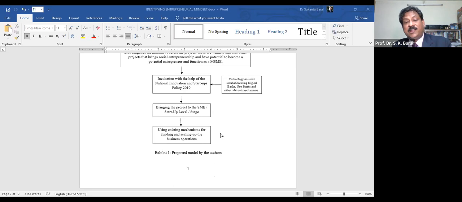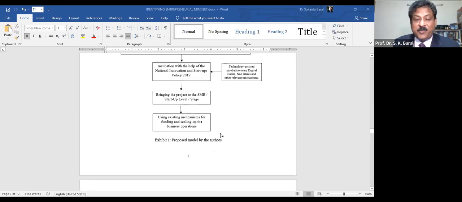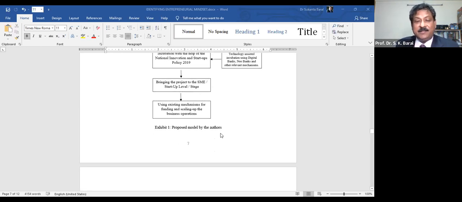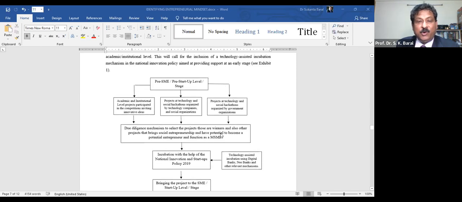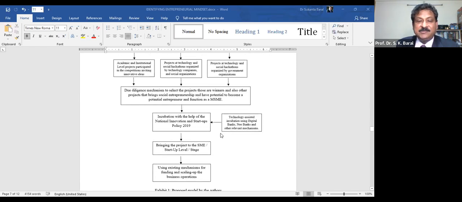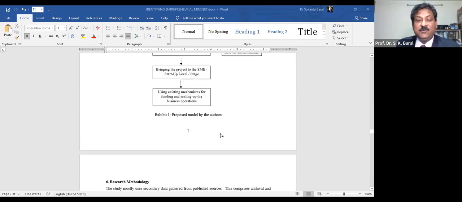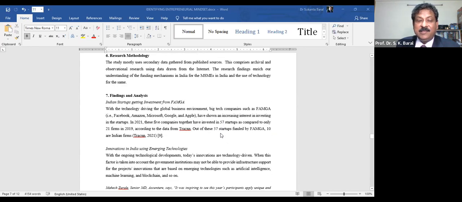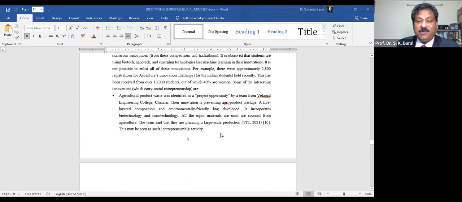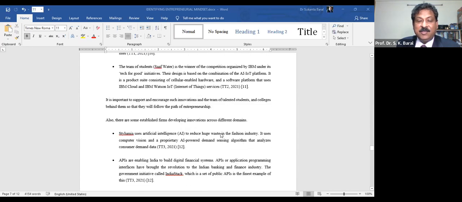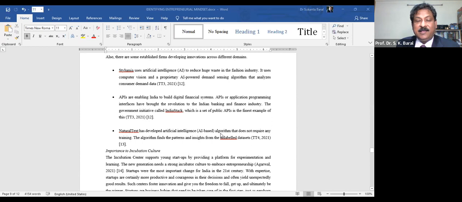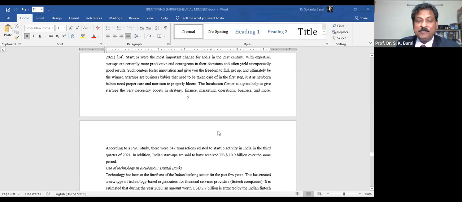This is a proposed model, and if this model is followed, so many entrepreneurs' flow of ideas, their innovations, and their investment will be protected very nicely. They will be doing excellent and will be meeting the objectives of Make in India.